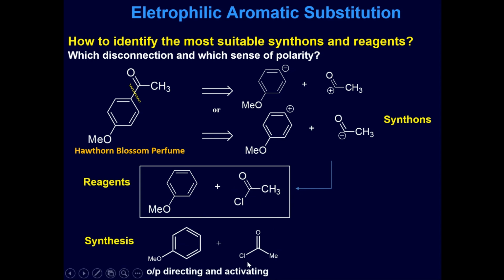the position which this acetyl group attaches depends upon the functional group attached onto the benzene ring. If benzene ring has an electron donating group, then it activates the ring system. Once it activates the ring system, it will be ortho-para directing.